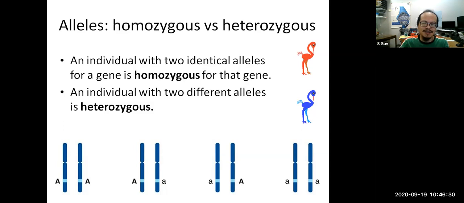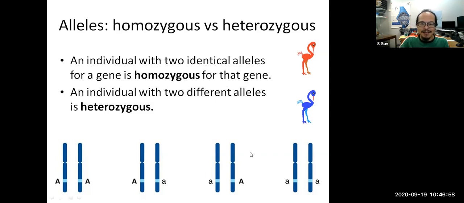Homozygous means the gene has the same allele on both chromosomes, and heterozygous means the gene has come from different alleles.